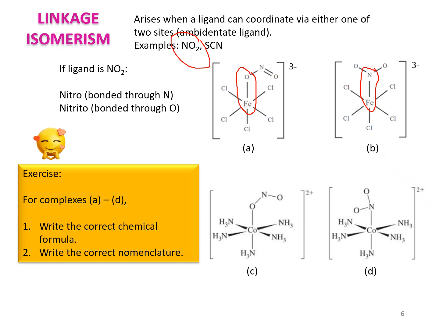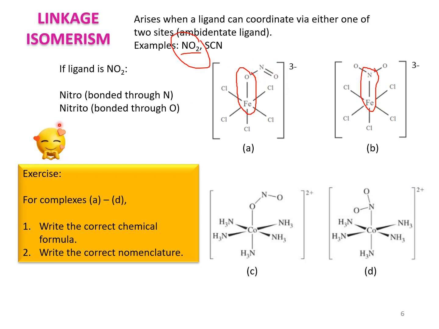When nitrogen in nitro coordinates to the metal, this ligand NO2 will be named as nitro. But the same ligand, if the coordination happens through oxygen with the metal, this ligand will be named as nitrito.